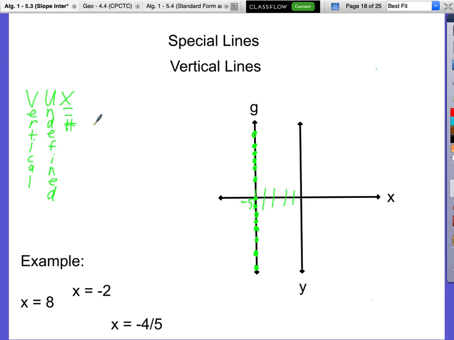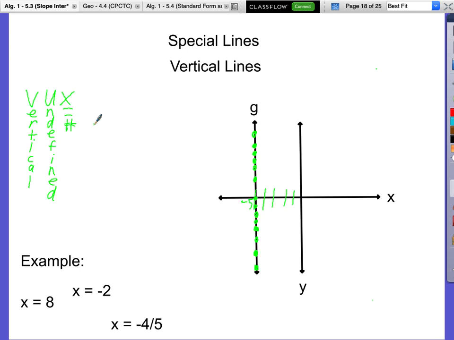Yes, Asa. I don't get it, because x lines are like this, and then y lines are like this. So Asa's saying, hey, if x goes horizontally, left and right, and y goes up and down vertically, why are y lines the horizontal lines, and why are x lines the vertical lines?